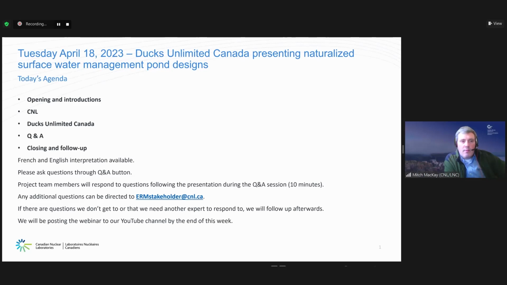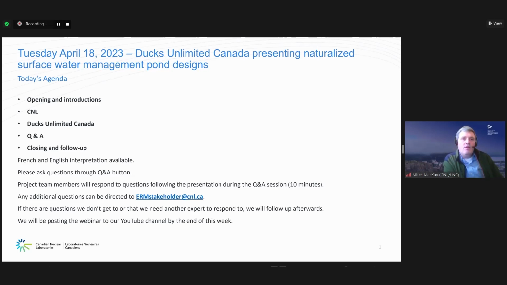I just want to contextualize that session. We are staying within the scope of the presentations today. So obviously we're talking about surface water management and the pond design by Ducks Unlimited. We're not going to be talking today about anything related to the near surface disposal facility design or any of the nuclear type operations.